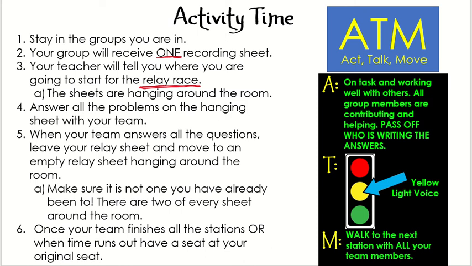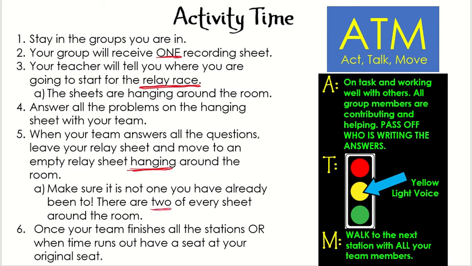Once you finish one sheet, your whole team moves to the next one, and it's at that point your choice where you're going to go. You need to go to an empty relay sheet, and I guess I lied. I'm going to be hanging them around the room, not in plastic sleeves. Clearly, I haven't done it yet. Sorry, guys. So there are going to be 2 of them around the room.